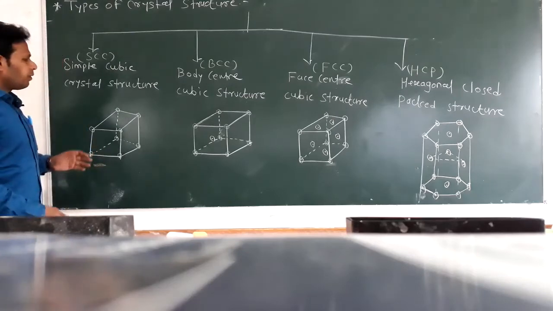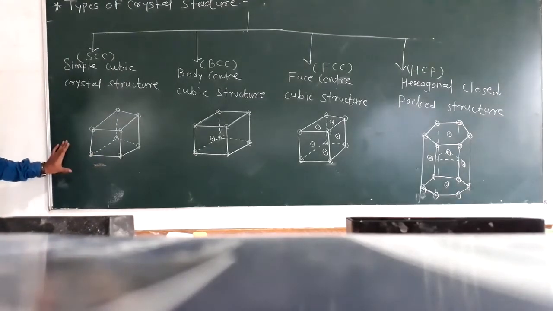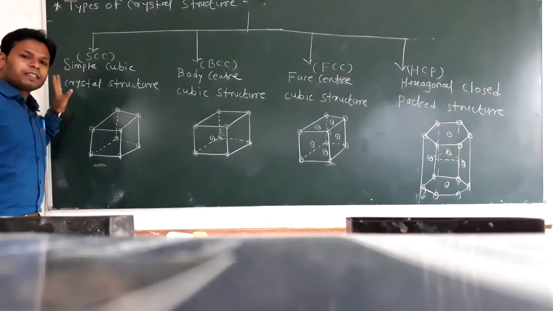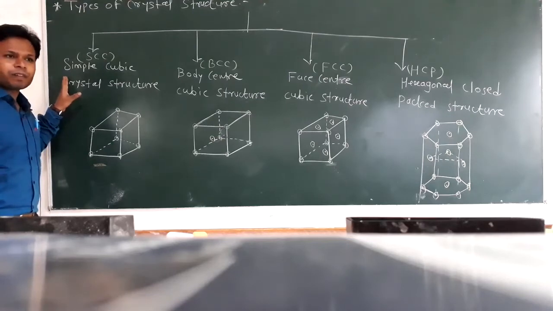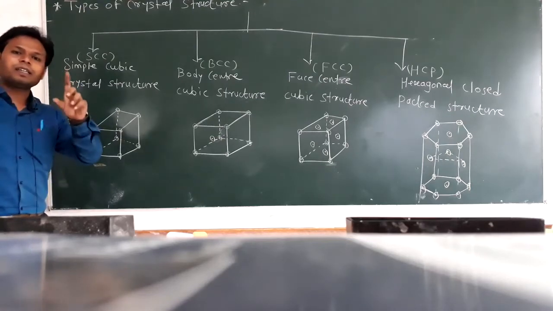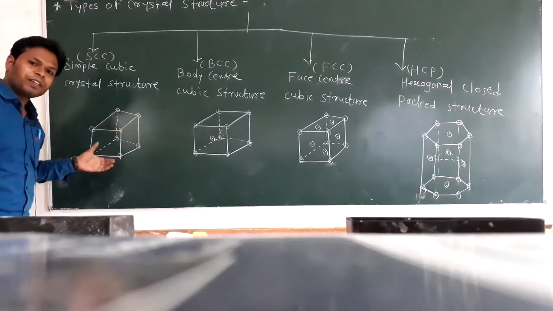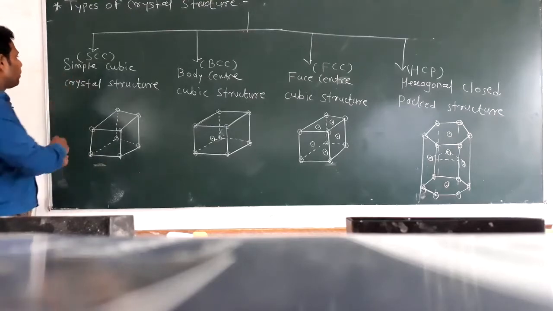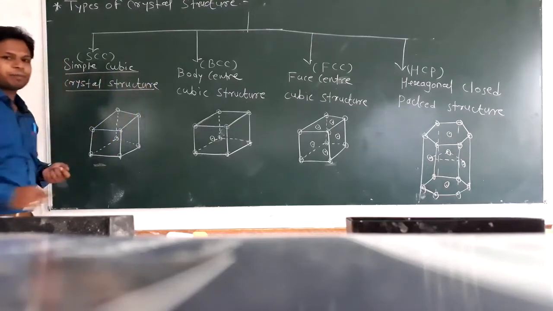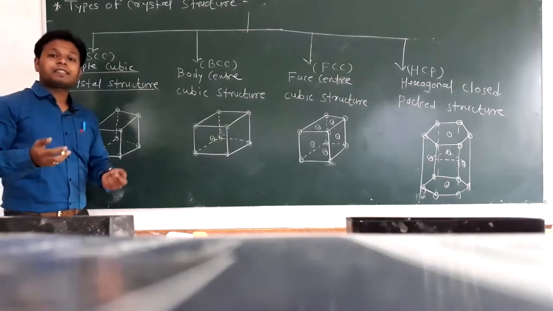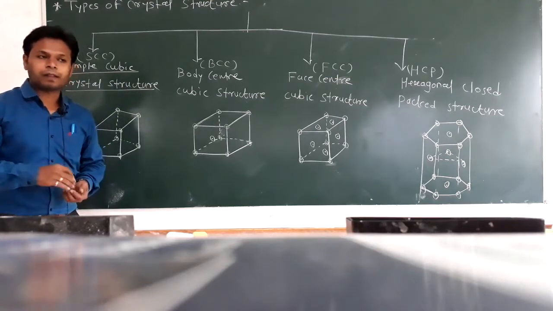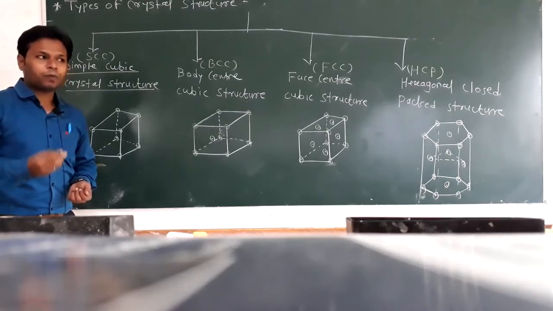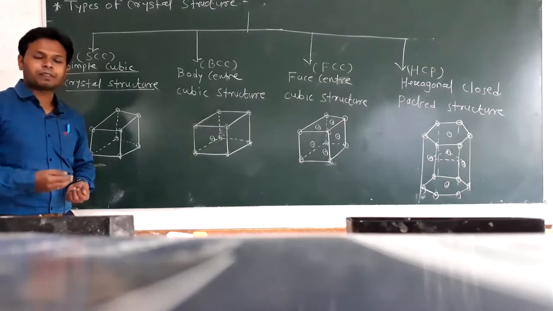First we learn the simple cubic crystal structure, and see the diagram. Suppose we consider one crystal structure. This is one cube, and with the help of the cube we learn what a simple cubic crystal structure is. Which part do we call a simple cubic crystal structure? A material is made with the help of small atoms.